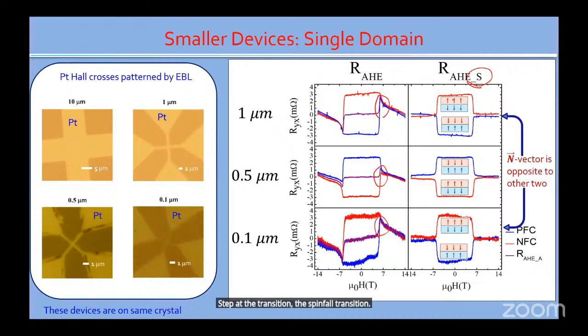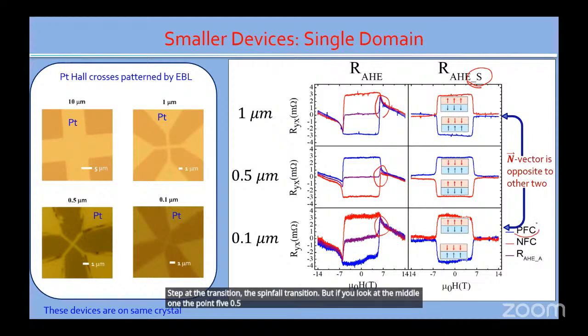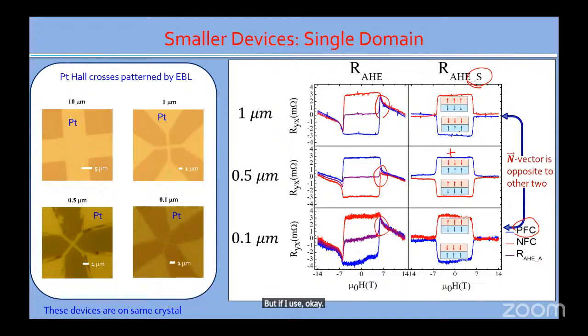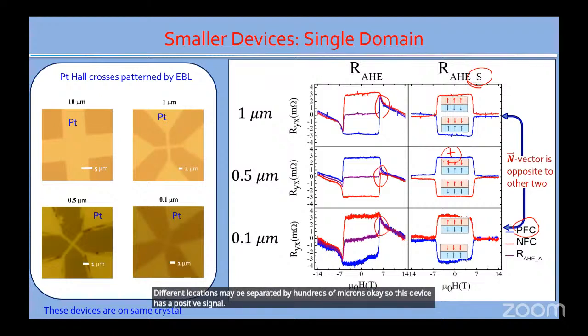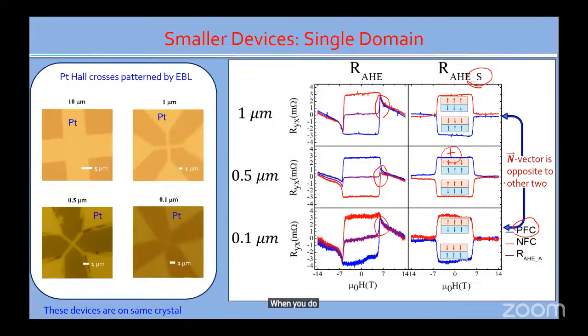But if you look at the middle one, the 0.5, just the positive field cool produces this upper curve. These three devices are located on the same crystal, at different locations, maybe separated by hundreds of microns. This device has a positive signal when you do positive field cool. But hundreds of microns away, the other device, 1 micron, has a negative signal, the blue.